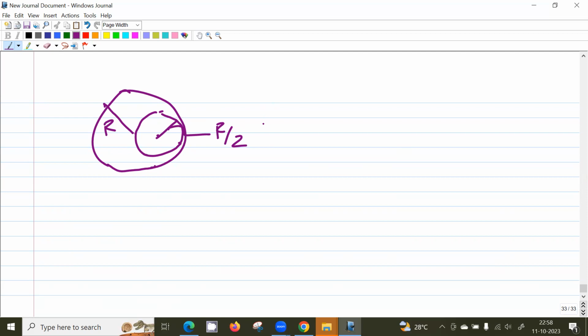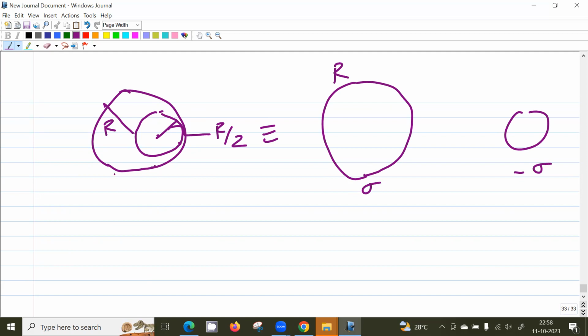Okay, so this is equivalent to a disk without the hole of radius r, and corresponding to the hole, I have a negative mass. So this plus sigma and this density sigma. So plus this one. So the center of mass of this object is at the center, instead of this being the center, but this mass will be called M1, and this is M2, which will be a negative mass.